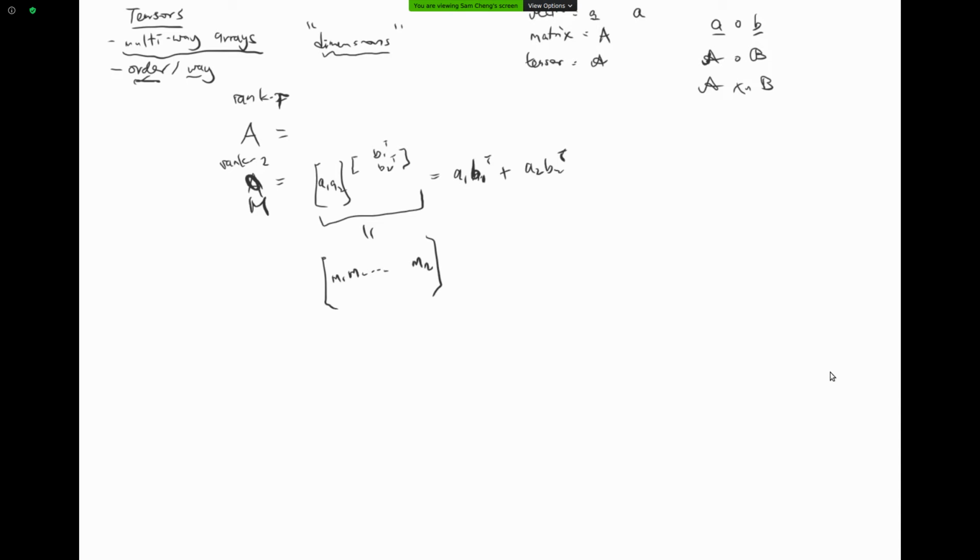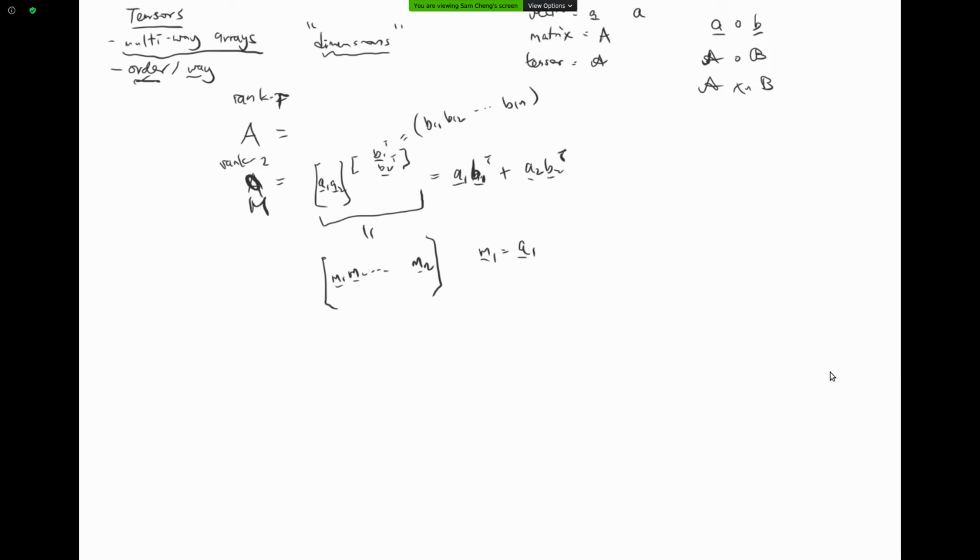Let's say B1 here is B11, B12 up to B1n, that's the vector B1.